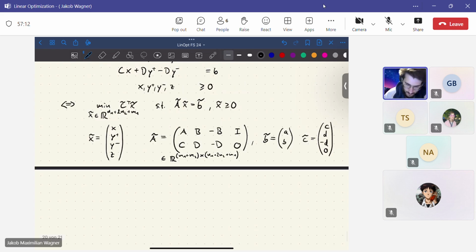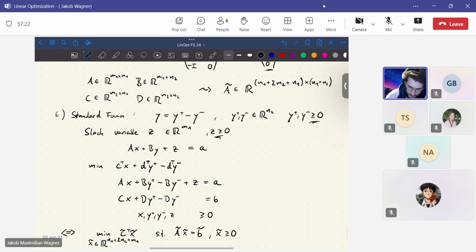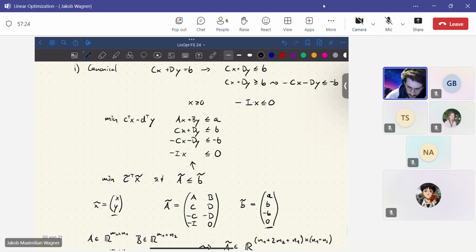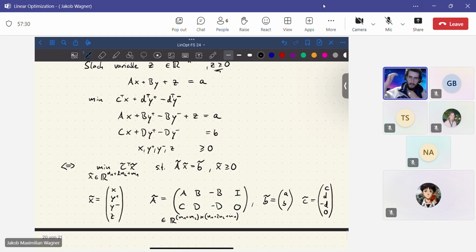Okay, so there you also see somehow the differences. Either you make the problem simpler by adding a bunch more constraints. So if you split the equality constraints, you get more constraints than you had before. And in the other case, we keep the number of constraints the same, but we add more variables.